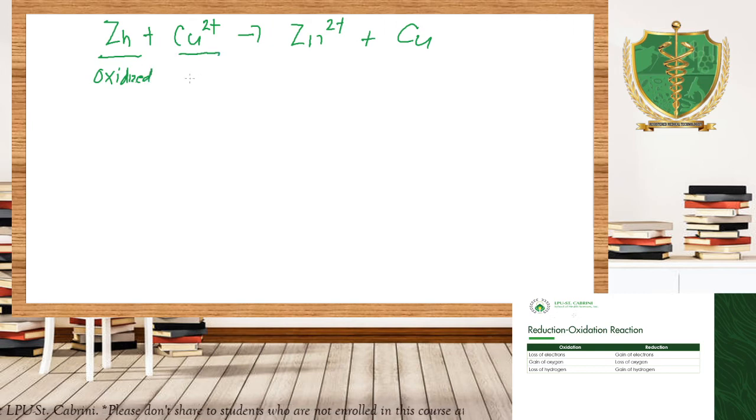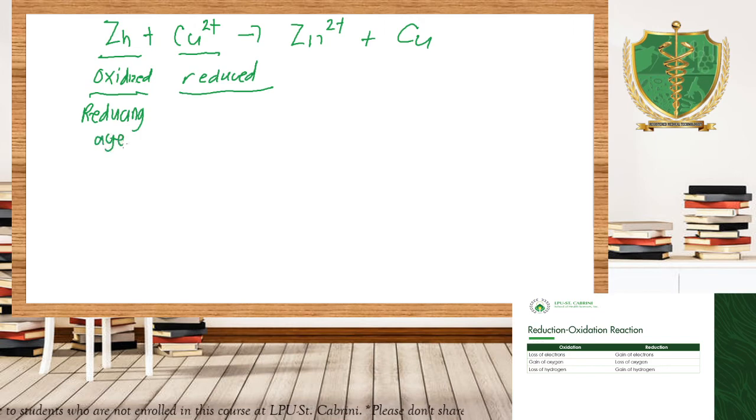Copper is our reduced. Bakit nga si zinc ang oxidized? Siya yung nag-lose ng electrons. Bakit nga si copper ang reduced? Siya yung nag-gain ng electrons. Therefore, makinig kang mahusay kasi medyo nakakalito to. Therefore, we can say that zinc is our reducing agent. And our copper is our oxidizing agent.